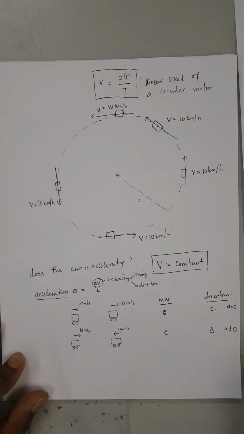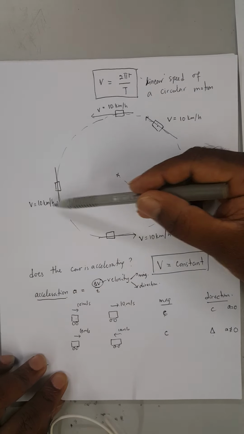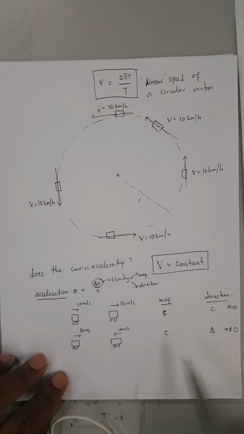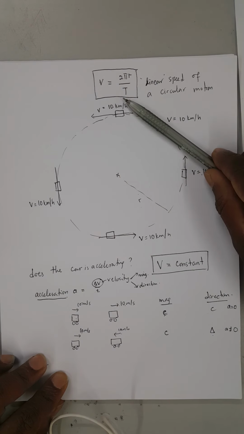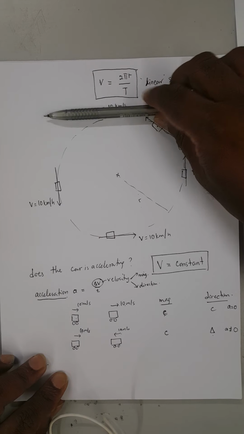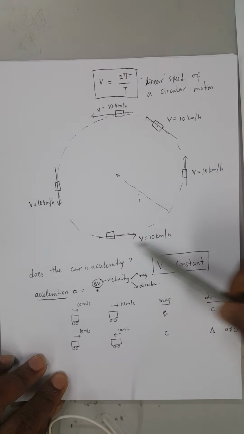That is what happened in this case, where you can see that the magnitude of the speed has no change, it's constant. But if you look at the direction at each point, here it is in this direction, here to the left, downward, to the right, to upward, so the direction changes.